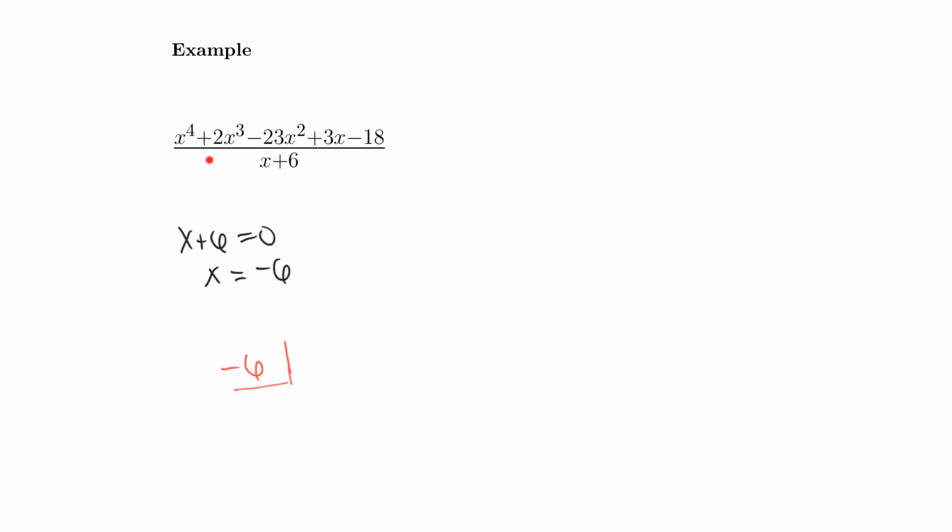It means starting with the leading term, which is the one with the highest power, and then in decreasing order. So we write down the coefficients. We have the x to the 4th, which is multiplied by 1. Then we have 2, minus 23, 3, and minus 18.